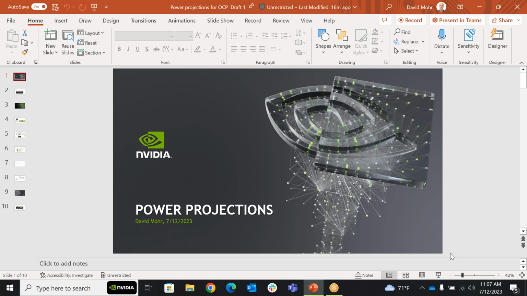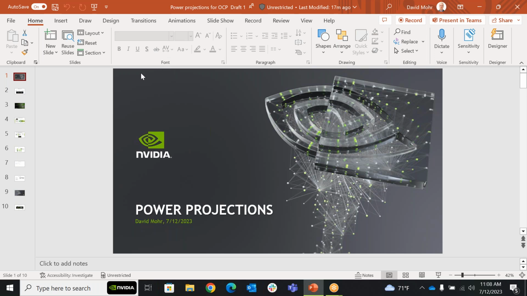Left of the minus sign on the zoom. Keep going left. Yeah, that one. There you go. I don't know if you see it, but I've got the GoToMeeting over the top of some of my slide deck here.